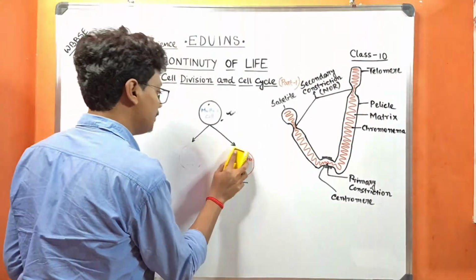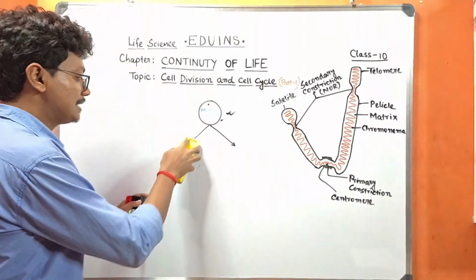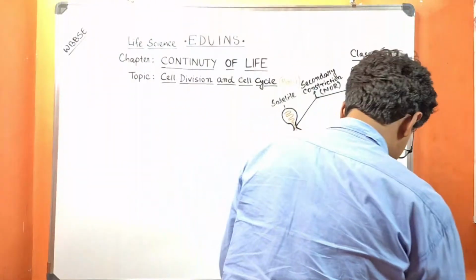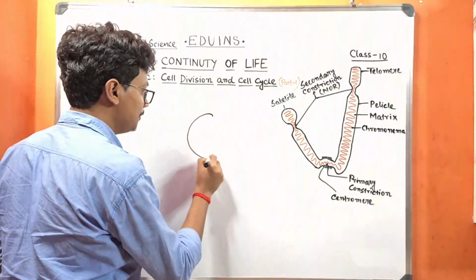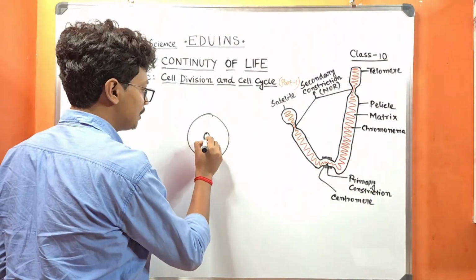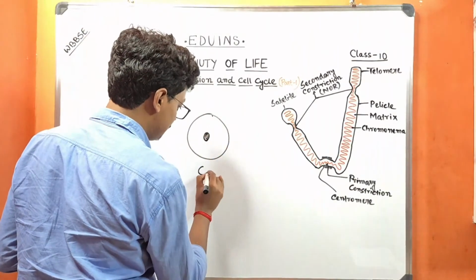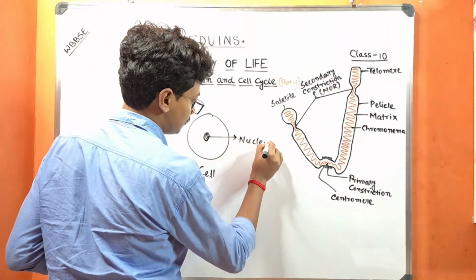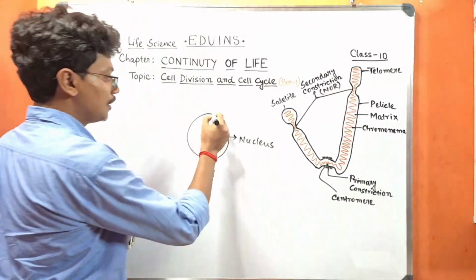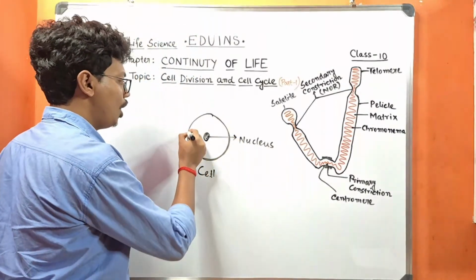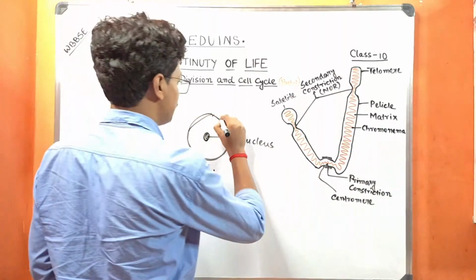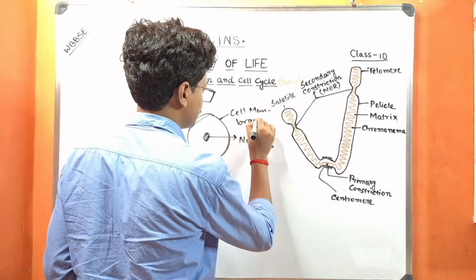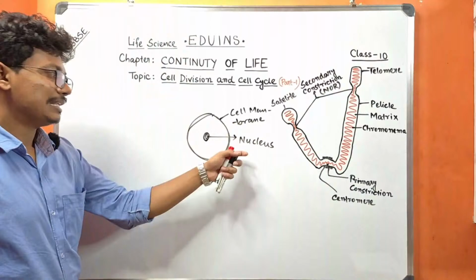So what are the cellular materials? We know that a cell contains two parts. If this is a cell, this is the nucleus. All plant and animal cells are surrounded by the cell membrane.